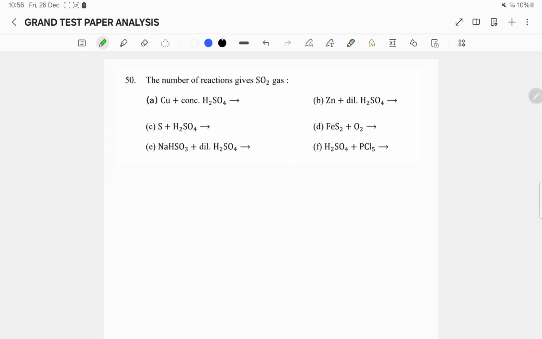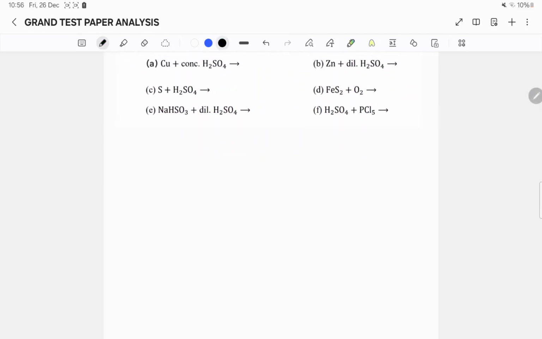Now look at this, student. Copper reacts with concentrated H2SO4, so it can liberate SO2. Copper is a less reactive metal compared to zinc, so it cannot displace the hydrogen from the acid. Here H2SO4 acts as a strong oxidizing agent.